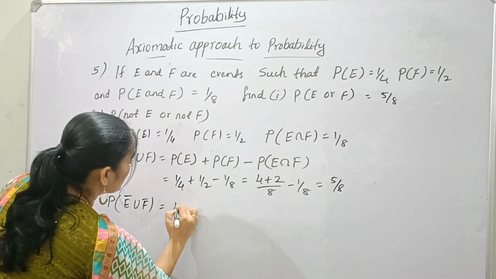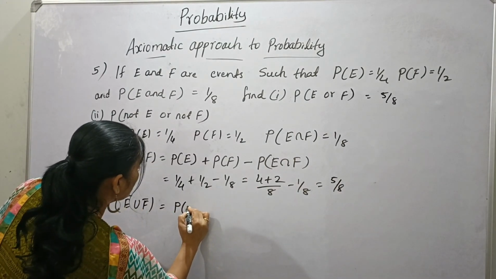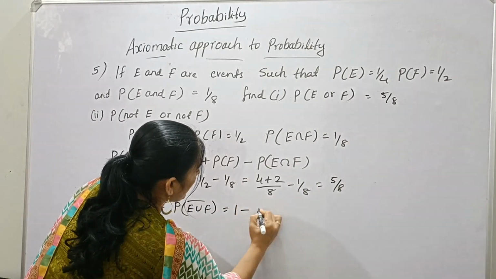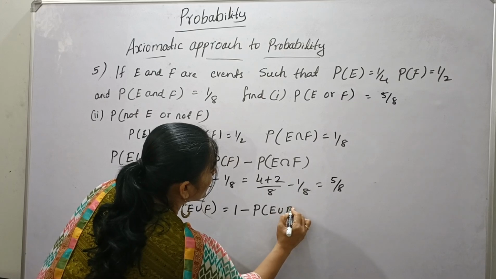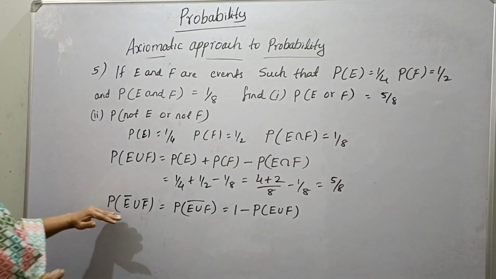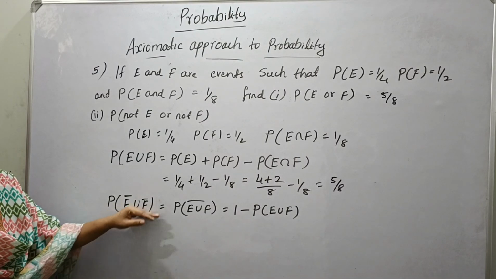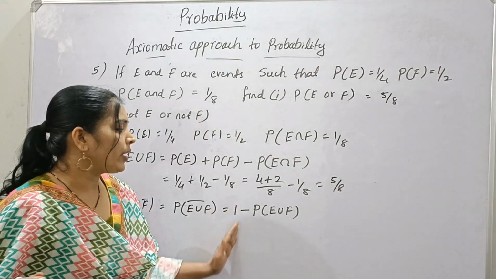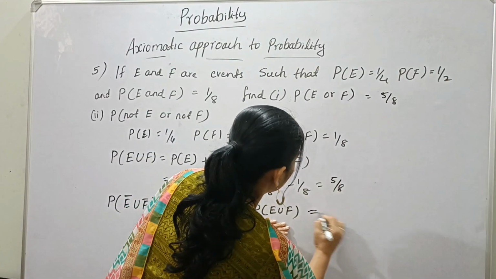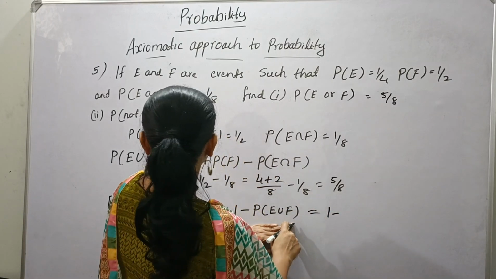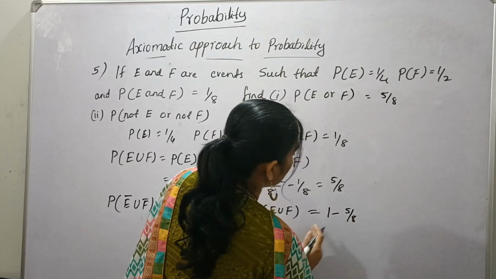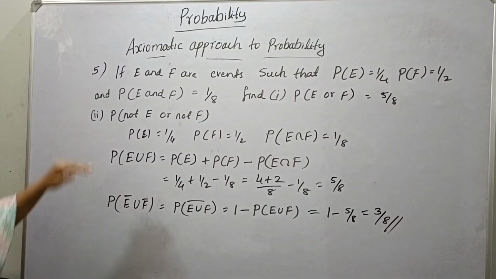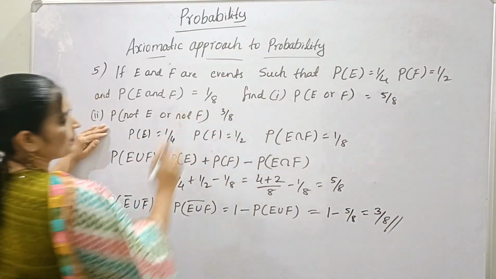That is nothing but probability of E union F whole complement, which is 1 minus probability of E union F. Probability of E complement union F complement is probability of E union F whole complement, equal to 1 minus probability of E union F, which is 1 minus 5 by 8. So 3 by 8. So the second answer is 3 by 8.